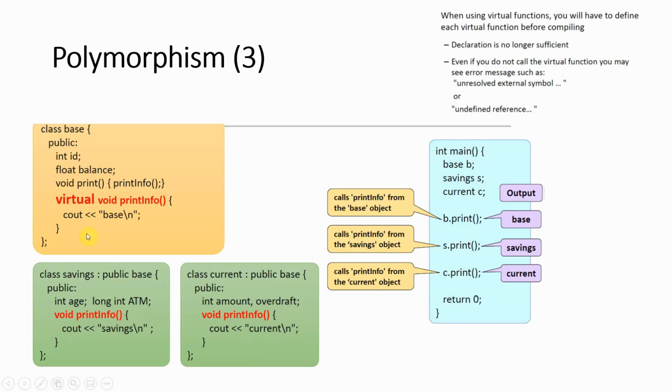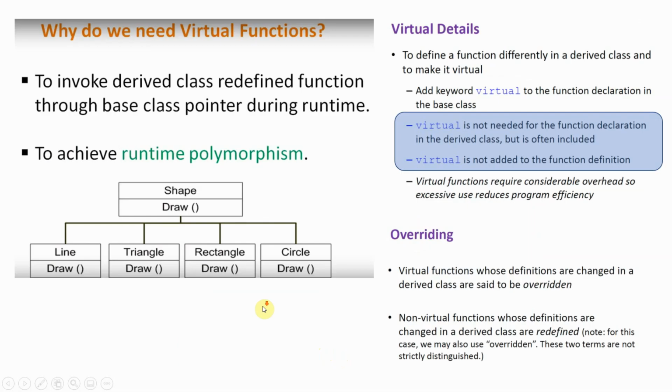You have to make sure you have the full definition before compiling, because when you have a virtual function, the compiler needs to know what function to call. So there's more work for the compiler, because there's no early binding anymore, it's late binding.